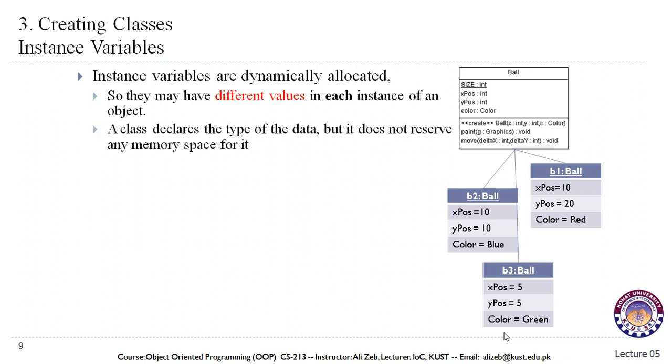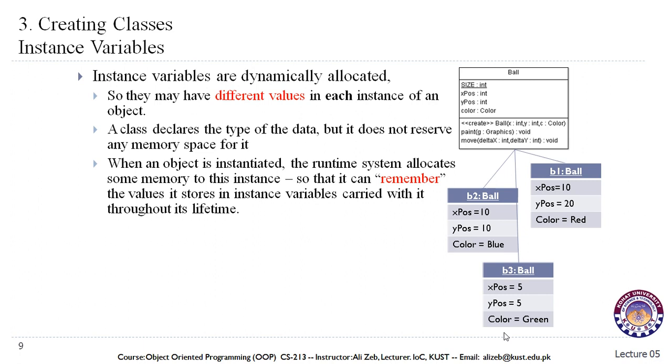A class declares the type of the data, but it does not reserve any memory space for it. We understand that memory is only allocated for the class when we create an object for the class. When an object is instantiated, the runtime system allocates some memory to this instance so that it can remember the values it stores in instance variables, carried with it throughout its lifetime.